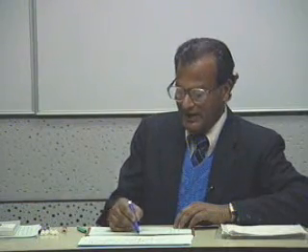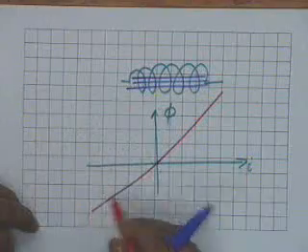On the other hand, if this core consists of iron, which is a magnetic material, then as you know, iron, the amount of flux with increasing current tends to get saturated.